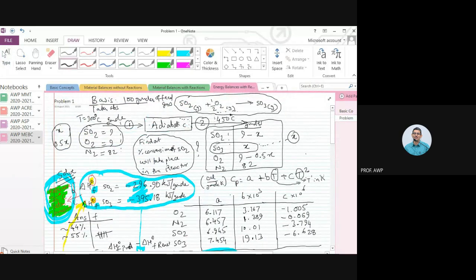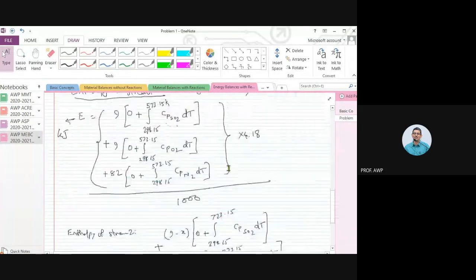Stream 2 has SO2, oxygen, nitrogen, but it also has SO3, so what are you doing for that? I calculated the reaction at 450, sir, so that will be the same. Same means what? I have not understood. Okay, you go ahead.